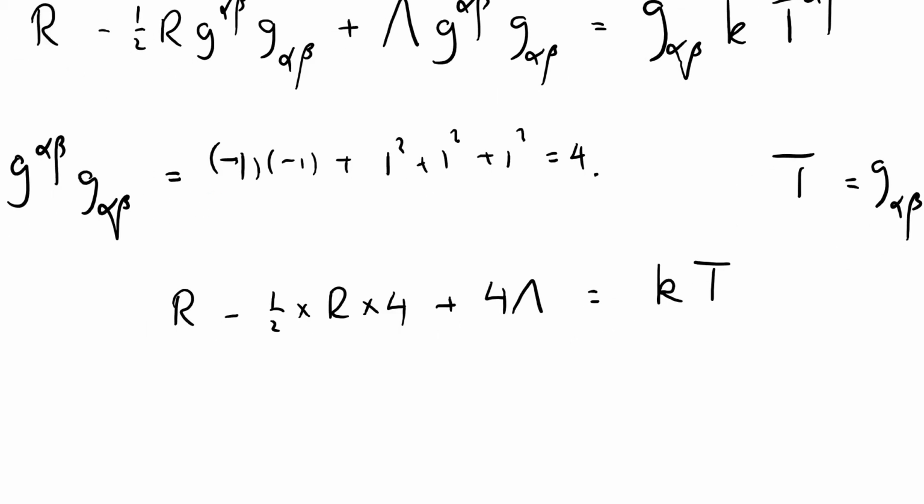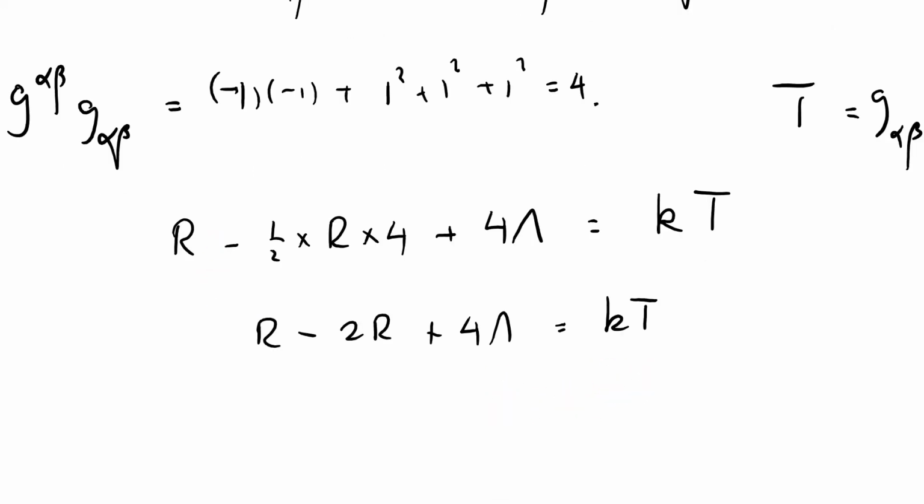So what does that tell us? Well, by some rather simple arithmetic, we've got R minus 2R plus 4 cosmological constants equals kT. I guess we can simplify that a bit more.